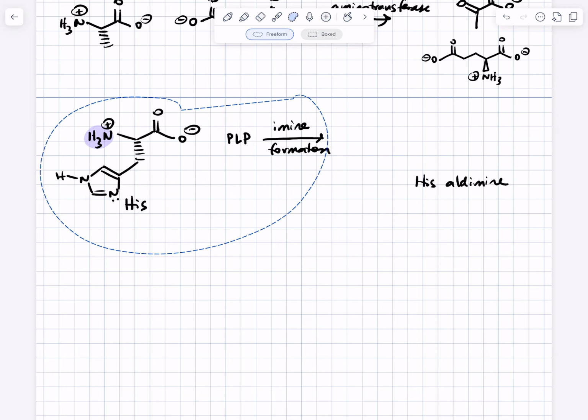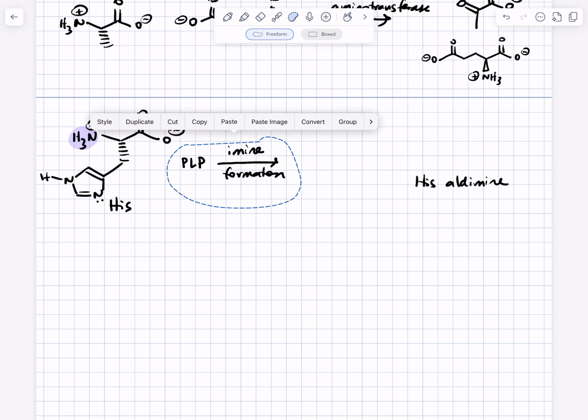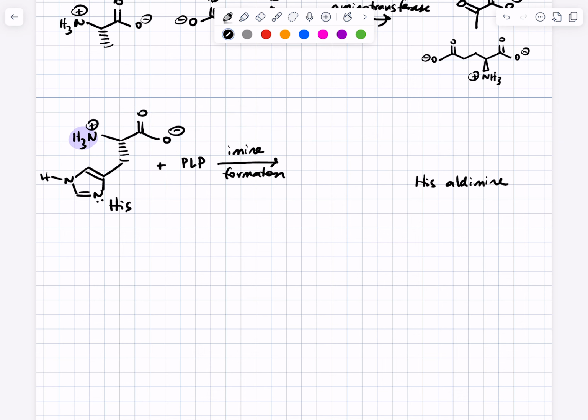Probably going to need a little bit more space. All right, let's draw the histidine portion with the histidine side chain. Here's the carboxylate. I'm not going to draw the alpha proton.